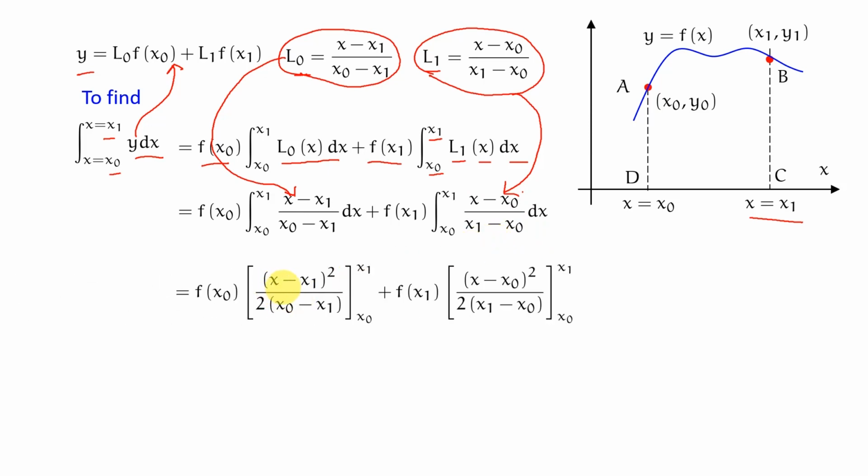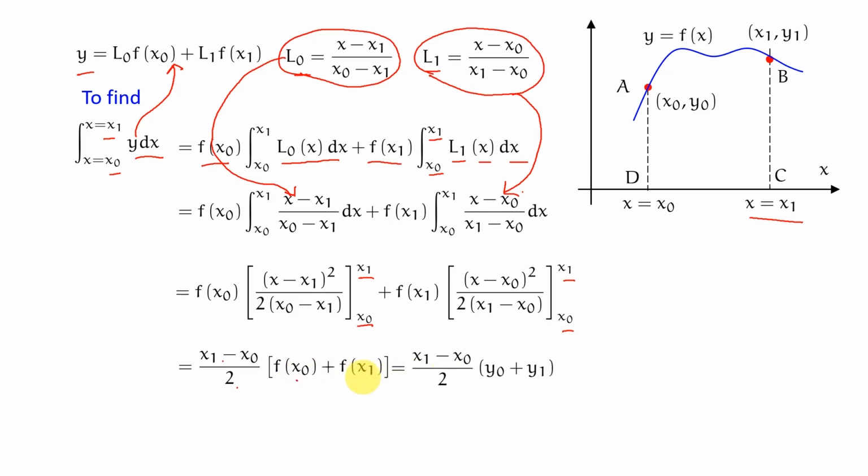So I have this (x minus x1) whole square divided by 2 multiplied by (x0 minus x1), and the second term is (x minus x0) whole square divided by 2 multiplied by (x1 minus x0). The limits are x0 and x1. If I apply these limits here, I can simplify this term within the third bracket, and when I do so, I get at the end (x1 minus x0) divided by 2 multiplied by (f(x0) plus f(x1)).